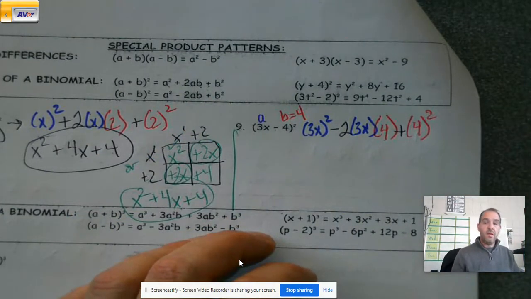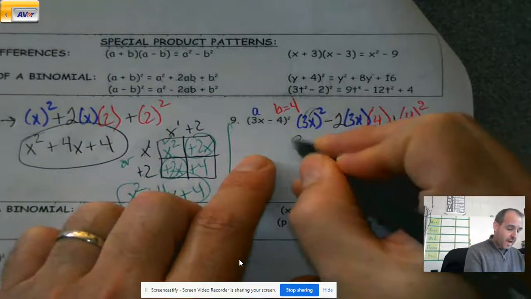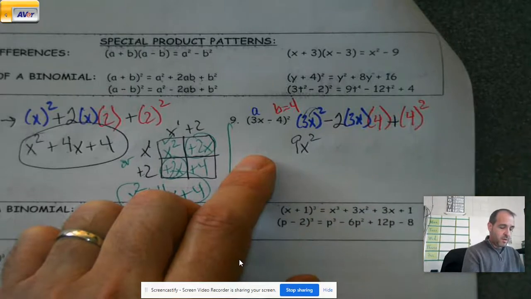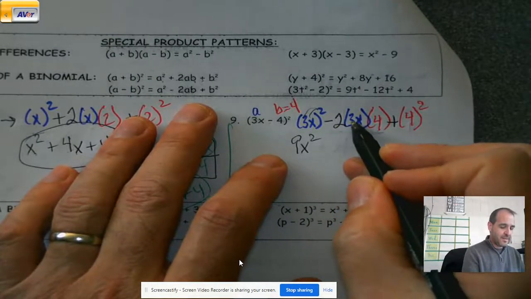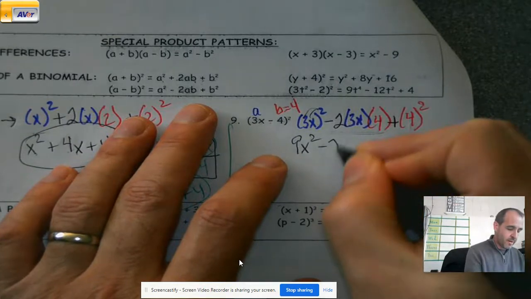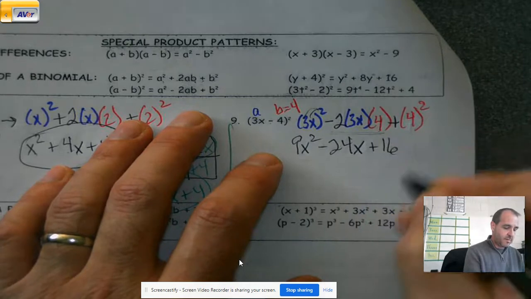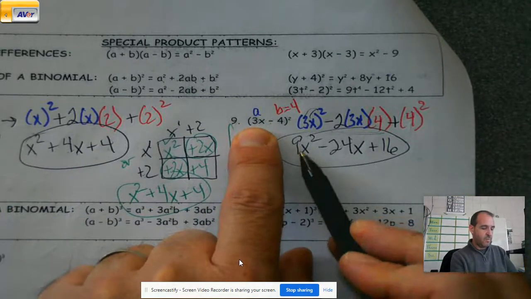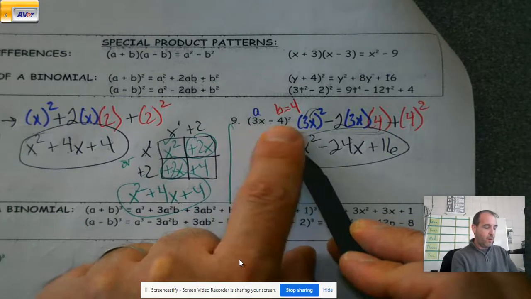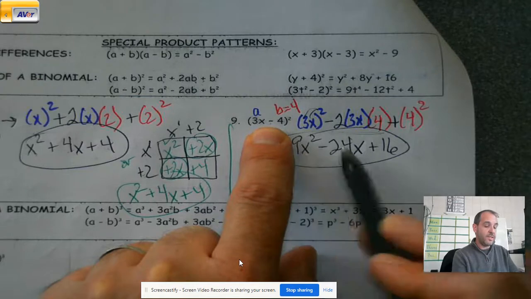Okay. So now I squared the 3 and the x squared, 9x squared. Multiply all this stuff together. So 2 times 3 is 6, times 4 is 24. So minus 24x plus 16. So think about it for a minute. Square my first term. 3 times 4. Okay, if you want to do the negative here, it'd be negative 12. Double it's negative 24.